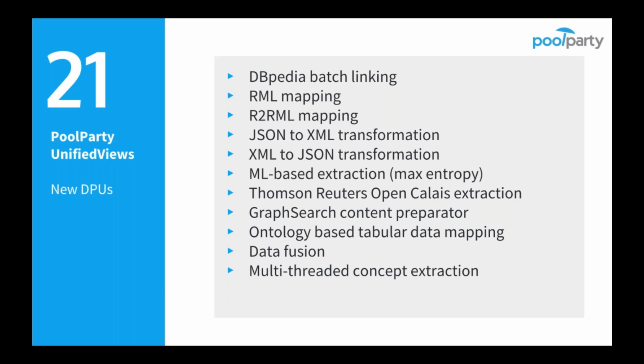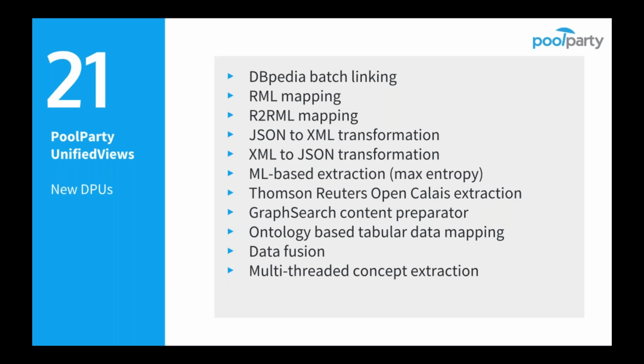We include here a DPU for machine learning based extraction. We have also a DPU for Thomson-Reuters OpenCalais extraction. We have a DPU that correctly prepares all the content for graph search as required, no longer needing to write directly to the index. We can prepare that information all from the DPU itself and then send that correctly across.